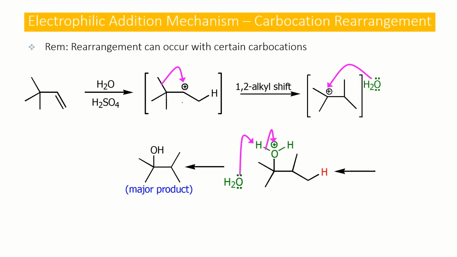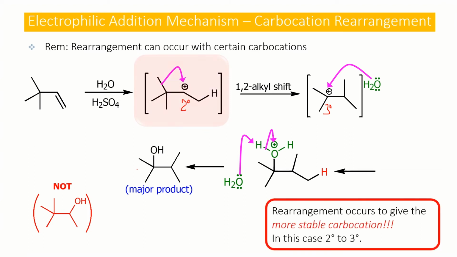The driving force is moving from a secondary to a tertiary carbocation. If there's a possibility that it can rearrange, it will rearrange. This is the nature of the beast.